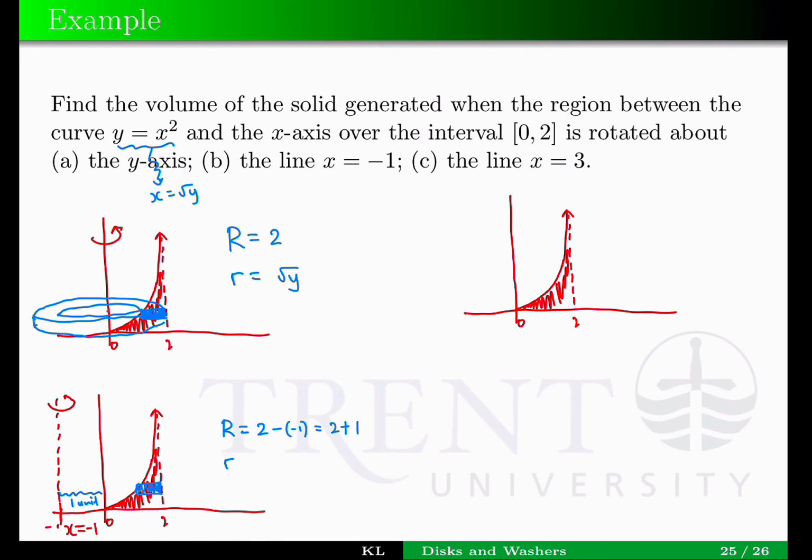The smaller radius is from this point going to this point. Here, the equation is x equals square root of y. Square root of y is from this point up to this point only. So we have to add this 1 unit, which means the smaller radius will be square root of y minus -1, which is equal to square root of y plus 1.